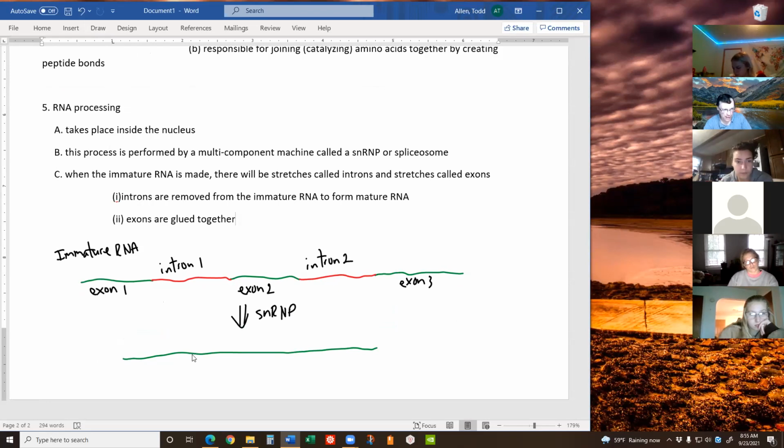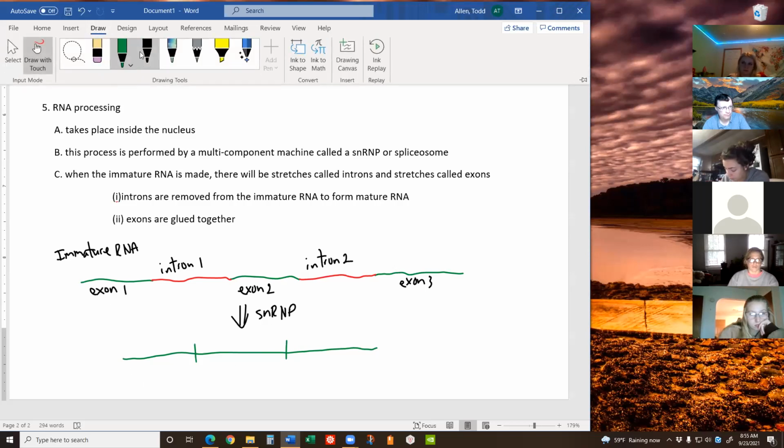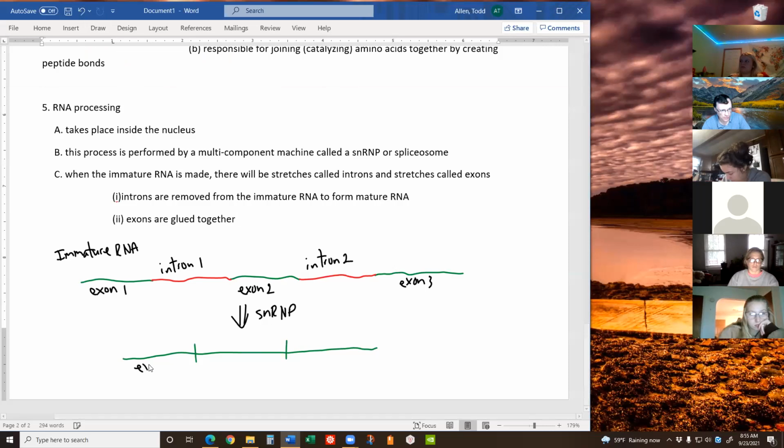So we now have exon 1, exon 2, and exon 3 glued together. This is the mature RNA here. And this will go on to be translated by the ribosome.